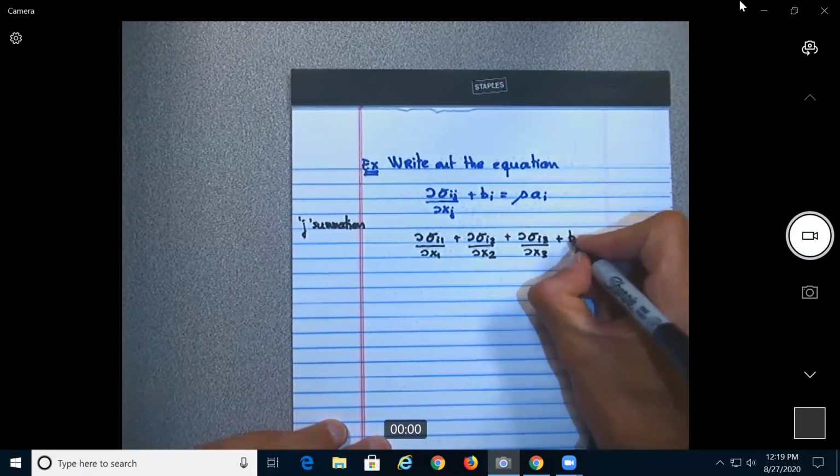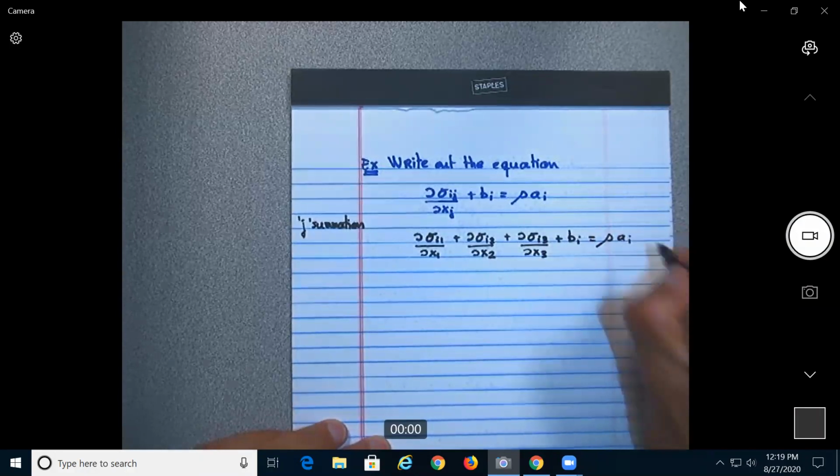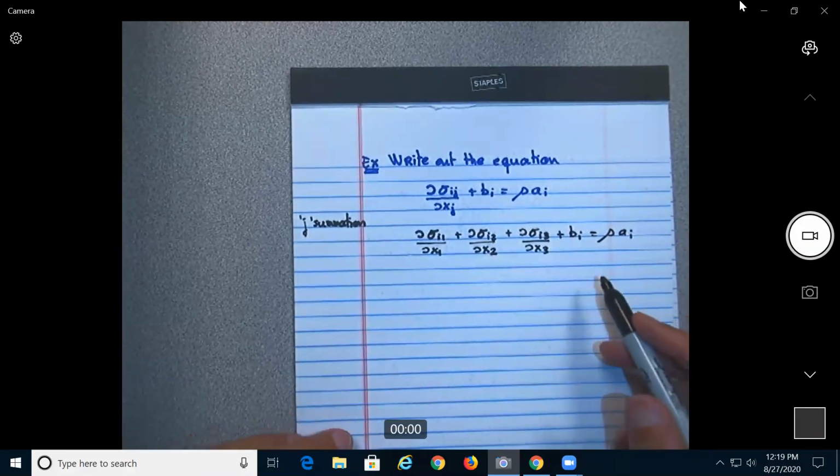So you leave b sub i untouched, equal to rho a sub i. So this is really the only difficult one to write down, okay?